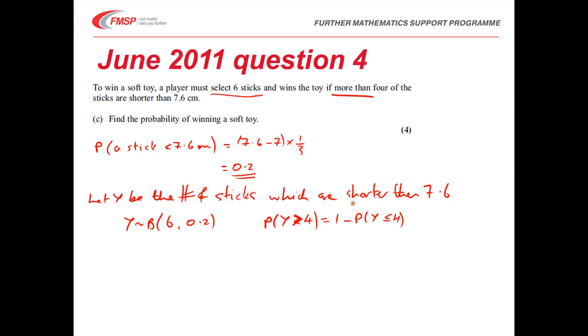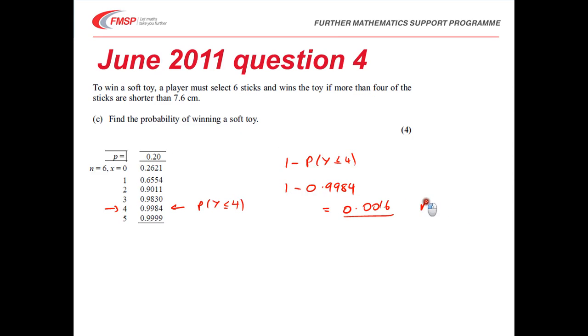Okay, so they like doing this type of question on S2. So we get a B mark for working out the probability of 1 stick. We get a method mark for setting up the fact that we're dealing with a binomial, and a method mark for setting up the correct probability statement, followed by an accuracy mark for getting the correct answer.